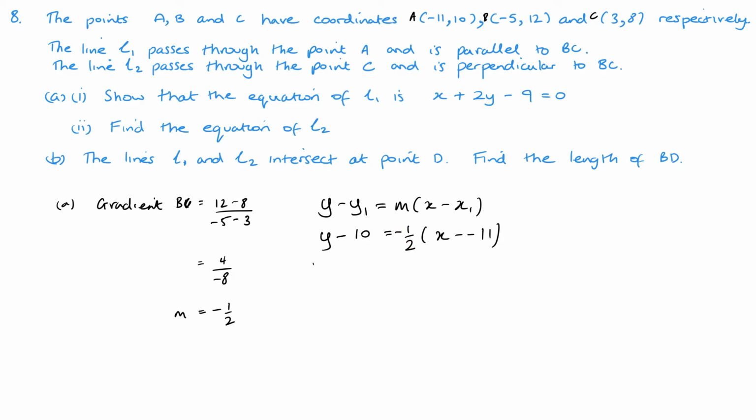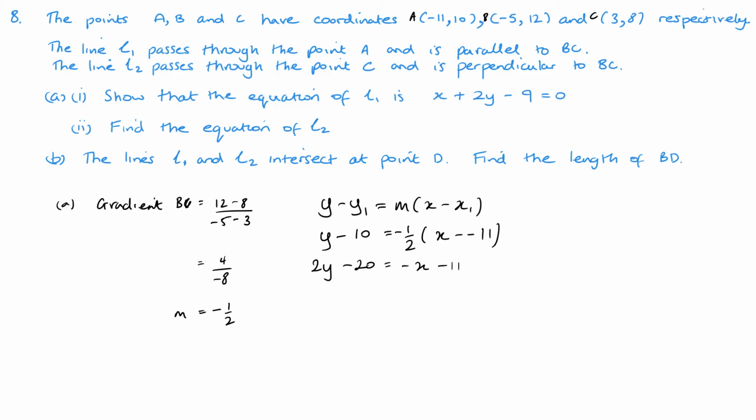So multiplied by 2, I get 2y minus 20. And then that actually means this minus 1 times these. So that'll be minus x, and it's a plus 11, so it'll be minus 11 there. Now you can see we want the x and y's on the same side.